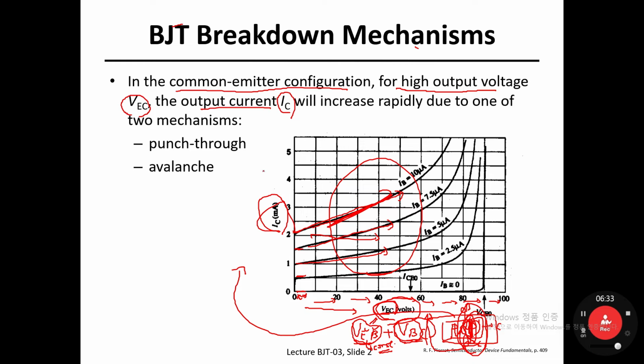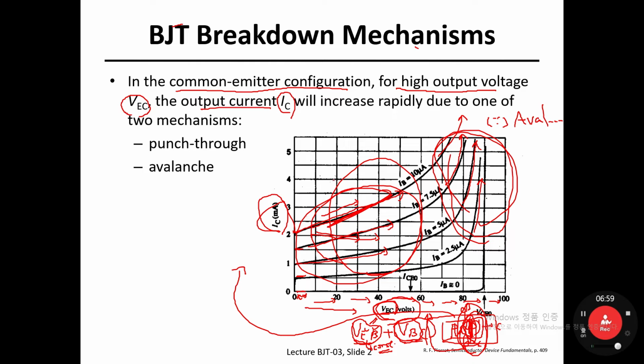So in this output characteristic plot, in this part the output current is exponentially increasing, right? How come the output current is exponentially increasing? Because of avalanche breakdown. And how come the output current is monotonically increasing as your output voltage increases?